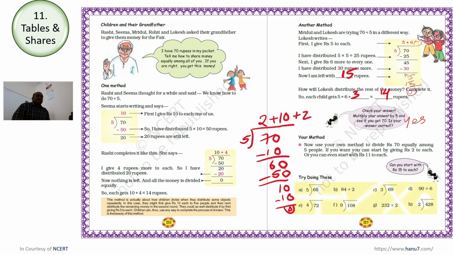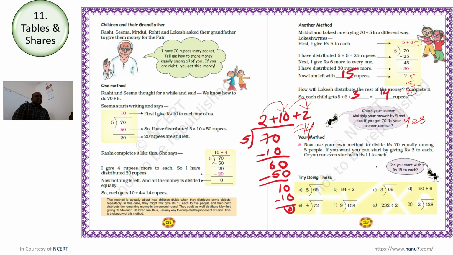So I got 50 subtracted from 60, and I am left with only 10. Then what did I do? I distributed 2 rupees among all the 5 members. Then the final answer we got is 2 plus 10 plus 2, which is equal to 14.